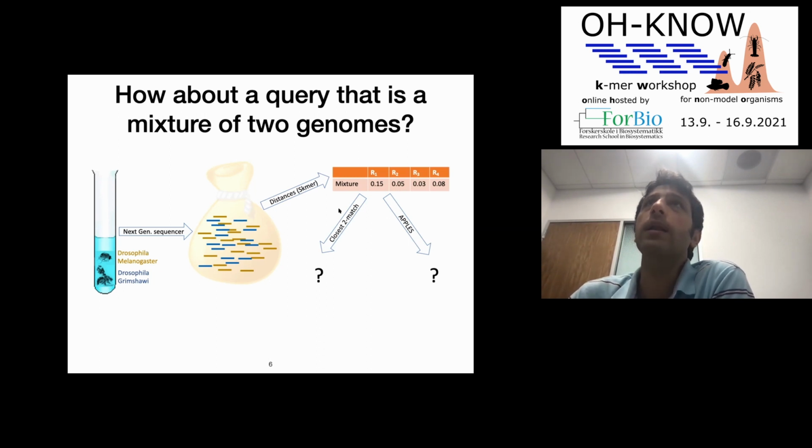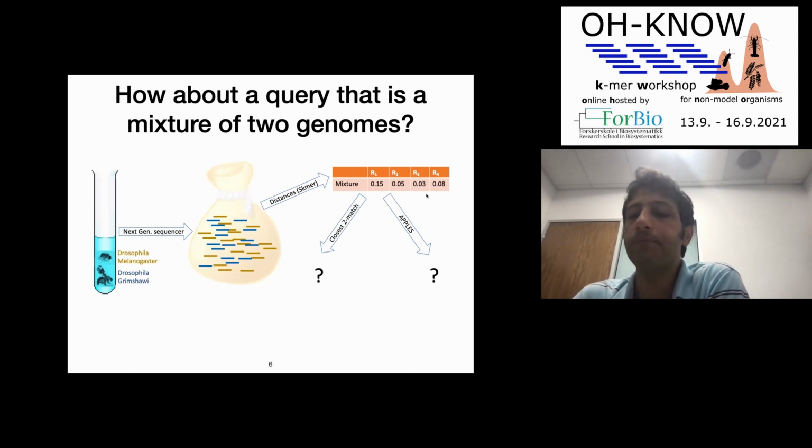What can I do? Well, maybe I can simply assume that the closest two matches, the smallest two numbers here, R2 and R3, are my constituents. Is that a good assumption or not? We don't know. Otherwise, maybe we can just place it with APPLES and see what happens.